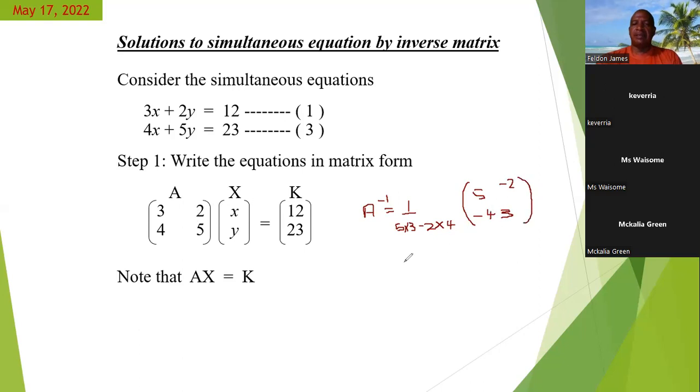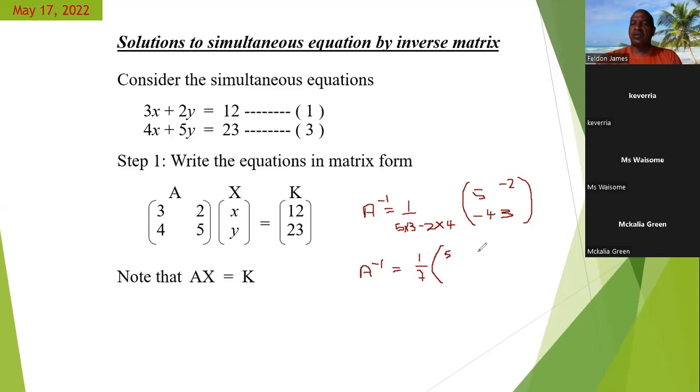All right, so if we simplify that, A inverse would be equal to 5 times 3 is 15, minus 8 will give you 7. So you will have 1 over 7. Is that correct, guys? That calculation? Yes, sir. All right. So this is our inverse.